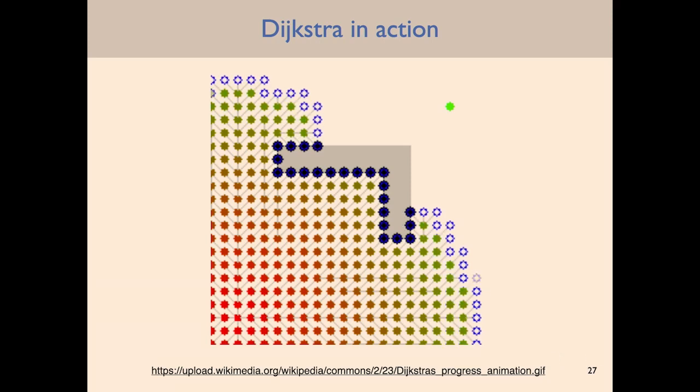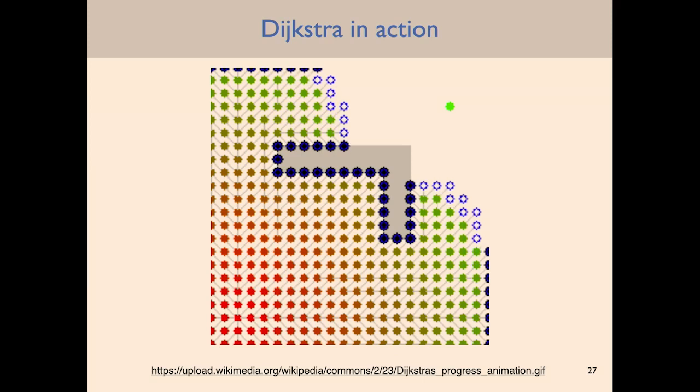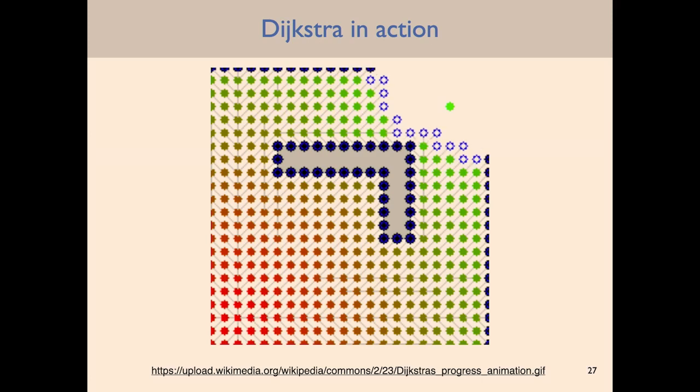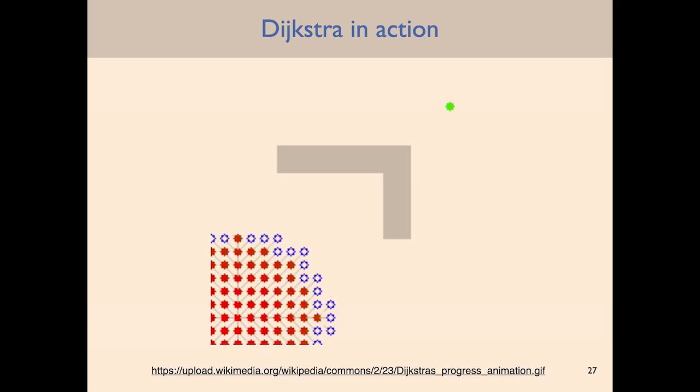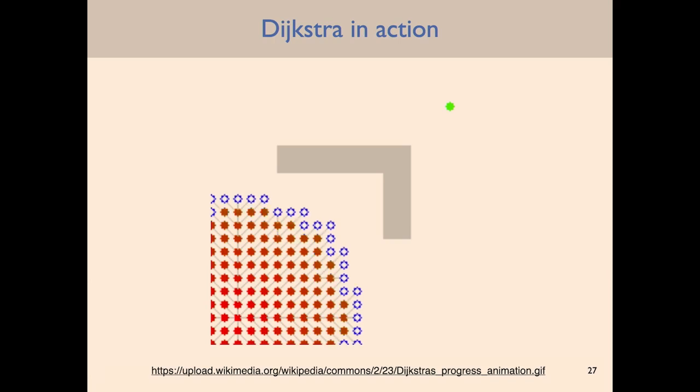The robot is not actually moving during this process. What we're assuming is that someone has already done some kind of exploration and given you a map of the environment. And so this entire process is just happening before the robot moves. So it plans out a path from the starting to the goal location, and then the actual motion is just the execution of the optimal plan that it found.